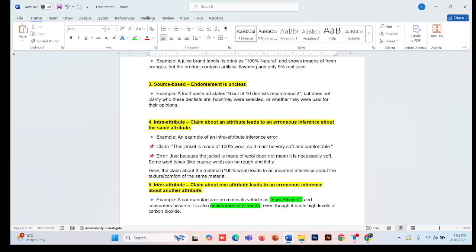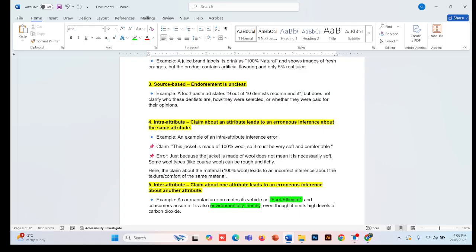Then the fifth one, inter-attribute. Here a car seller promotes his vehicle as fuel efficient, and consumers might wrongly think that this could be an environmental benefit, but in reality fuel efficiency and environmental friendliness are totally different ideas. A fuel efficient car doesn't necessarily become environment friendly.